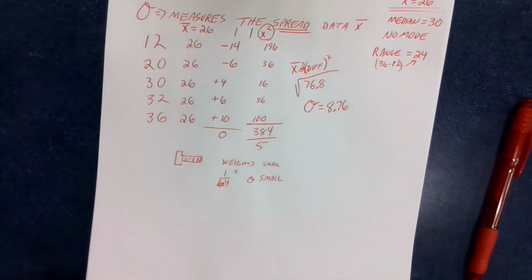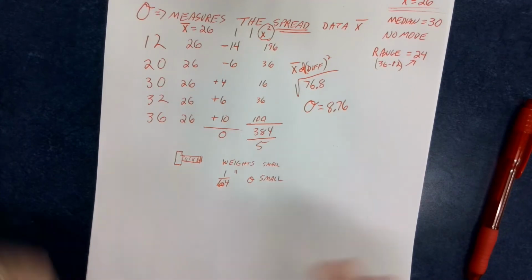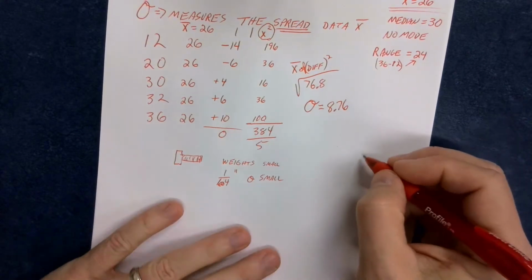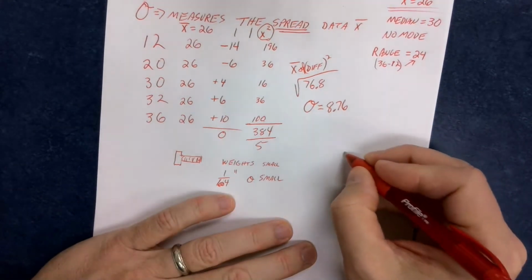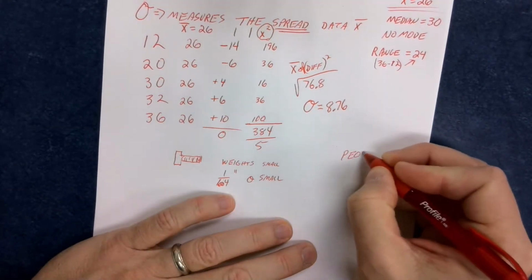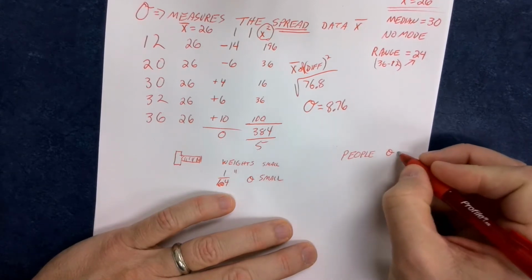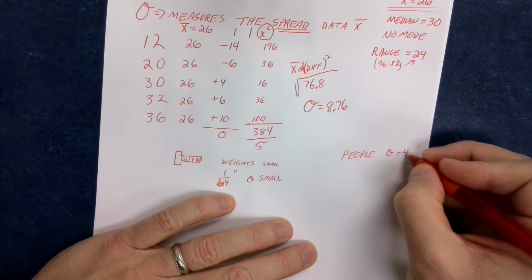Now, when I'm comparing things, it definitely makes a difference. Like I could have a room full of people, and look at their ages, and their standard deviation could be, say, 4.6.